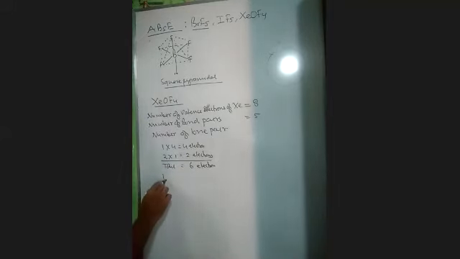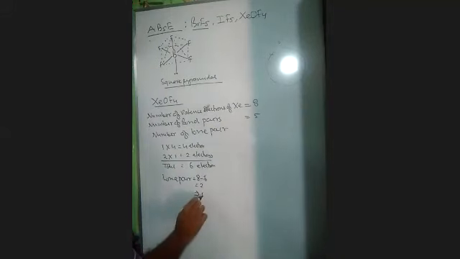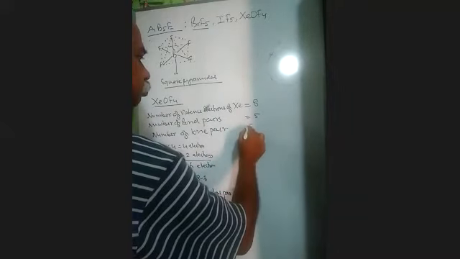Then lone pair is equal to 8 minus 6, which is 2, so 1 lone pair.